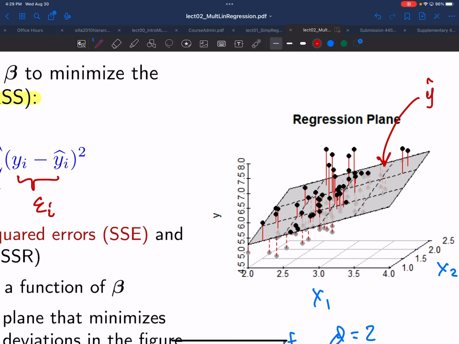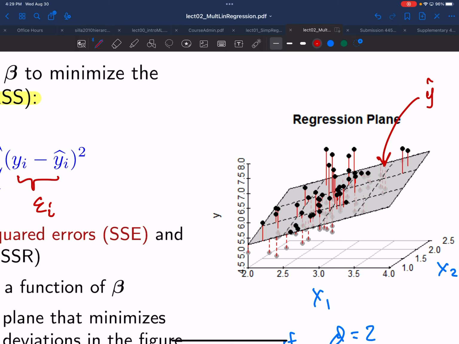Where on the plot would I see epsilon i? The prediction error is just those red lines.